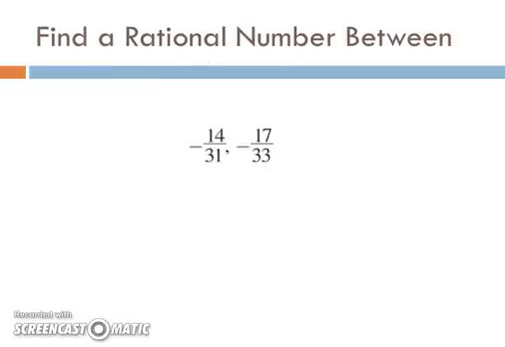And the last part of this lesson is to find a rational number between. So if you don't have to find the one exactly halfway, you can just convert the two to a decimal. So 14 divided by 31 is a negative 0.45 rounding. 17 divided by 33 is a negative 0.51 repeating. So we would just need any number that would fall between these two.